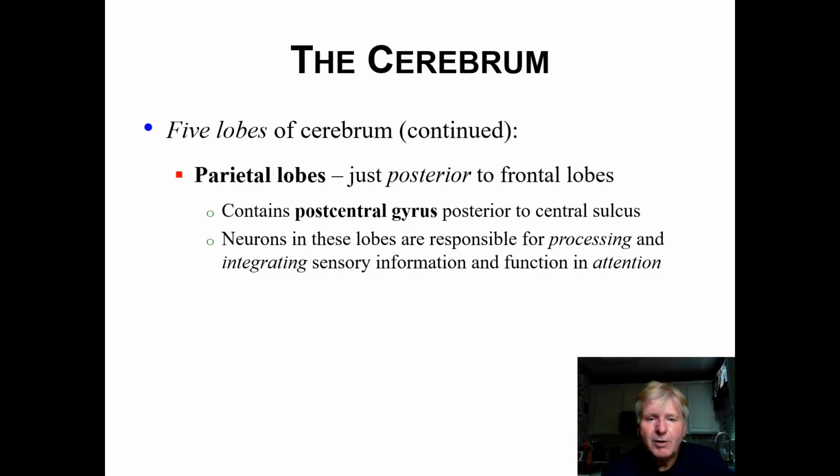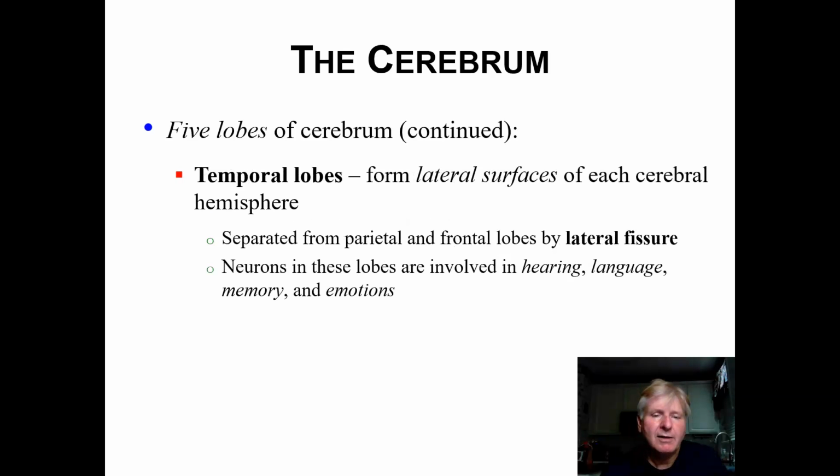It contains the postcentral gyrus, just posterior to the central sulcus. These neurons in the parietal lobes are responsible for processing and integrating sensory information, and also they function in attention. And then the temporal lobes form the lateral surfaces of each cerebral hemisphere, and they're separated from the parietal and frontal lobes by the lateral fissure.